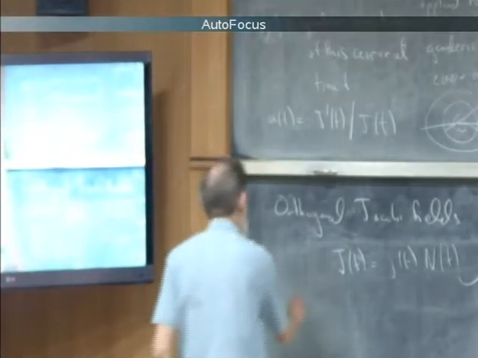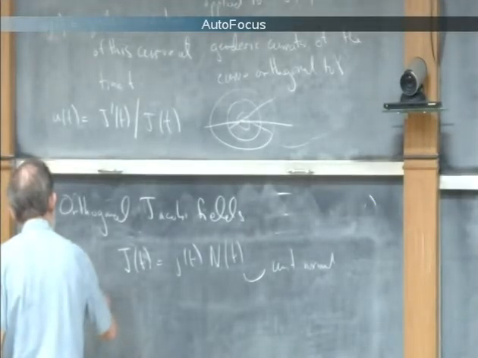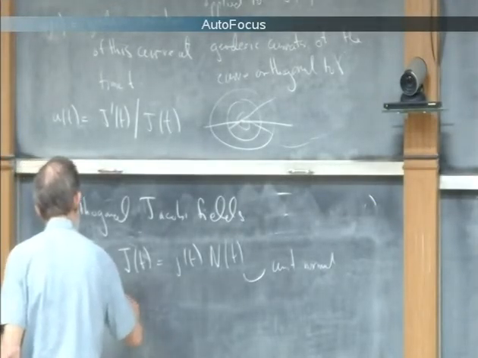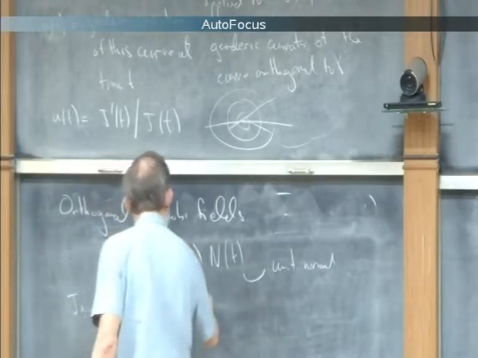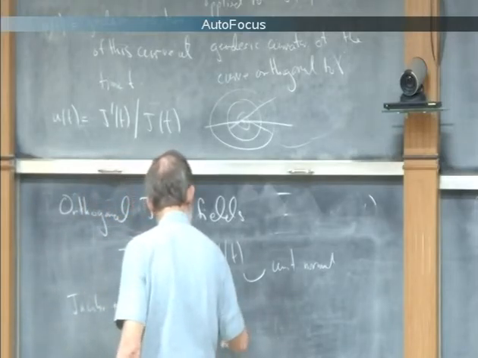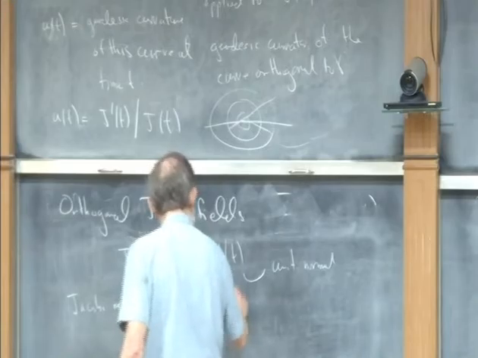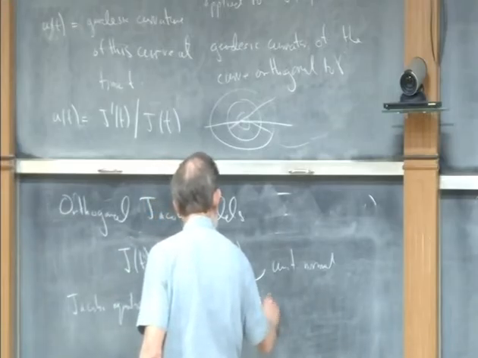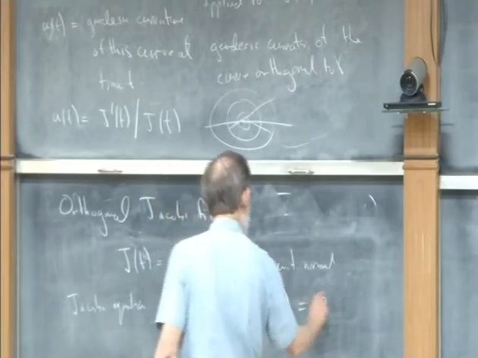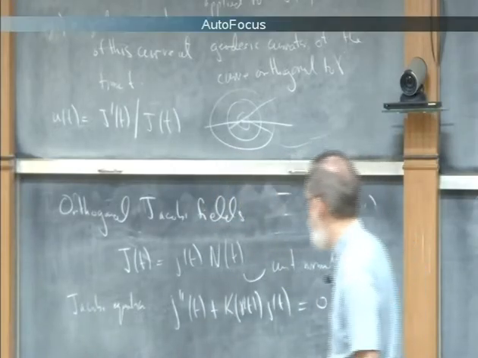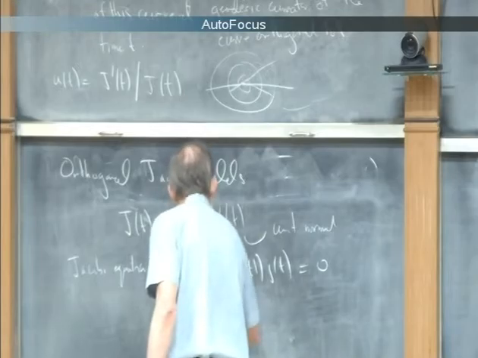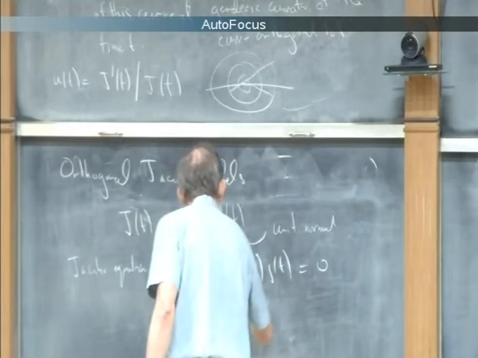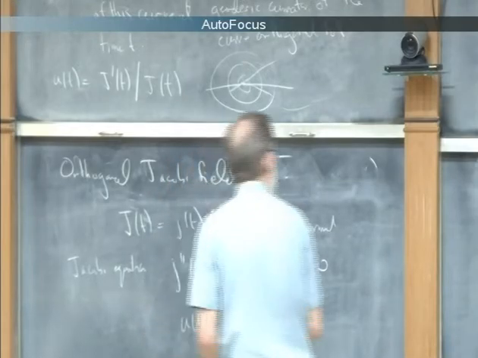And so the Jacobi equation boils down to j double prime of t plus the curvature of gamma of t times j of t equals 0. And U of t is j prime of t divided by j of t.